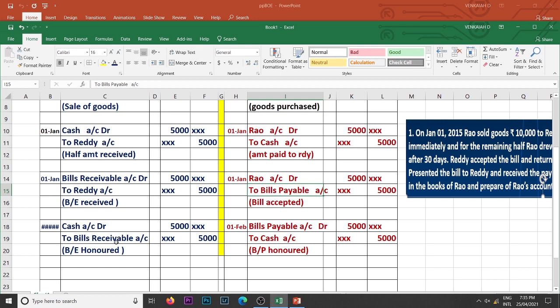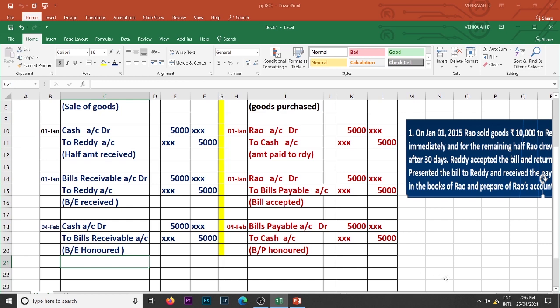Adding the 3 days, it is 4th February. Then on that date, Reddy paid the money against the bill. That's why the bill is honored. It means Rao received the cash 5,000 rupees on that date, and Reddy paid 5,000 rupees against it.